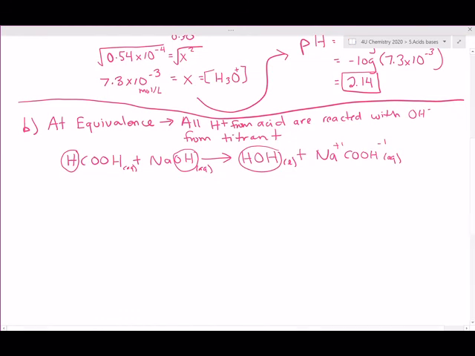So we can end up ignoring it because it is going to be causing it to be neutral. Water is definitely going to cause it to be neutral, but this ion here is going to then continue to react with the water and is going to cause another reaction to happen that is going to change the pH from 7 to obviously something basic. So this is the problem.